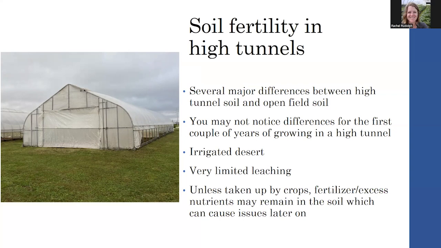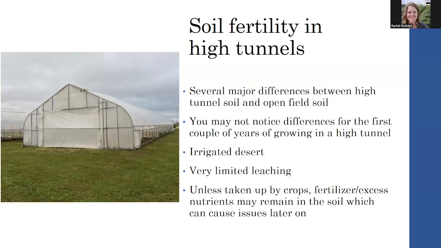One of the things to keep in mind is that essentially a high tunnel becomes an irrigated desert. The only water that is supplied in the high tunnel is that from irrigation, from what the grower supplies. That leads to very limited leaching. So you've got this coverage structure, and that precipitation that is happening outside during the winter months or a heavy spring rain is not usually happening in a high tunnel.